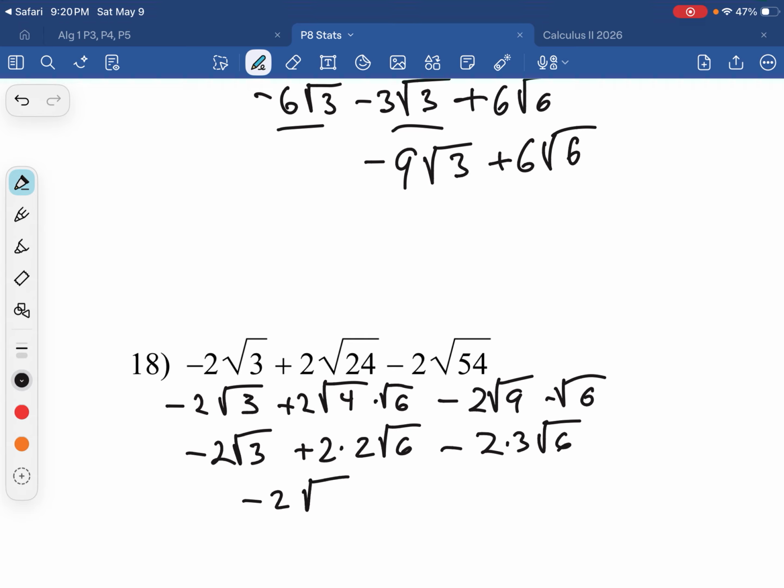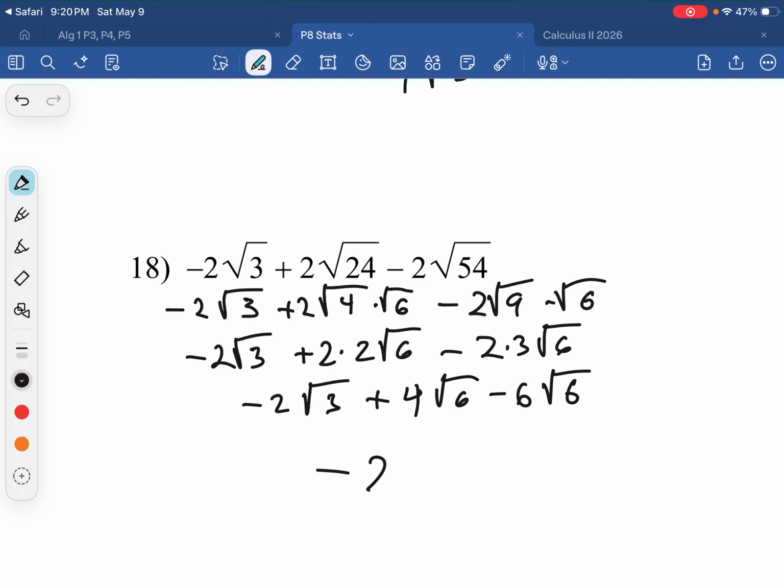So negative 2 square root 3 plus 4 square root 6 minus 6 square root 6 to get negative 2 square root 3 minus 2 square root 6.